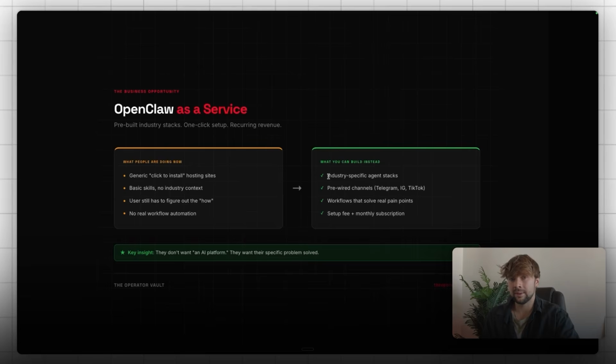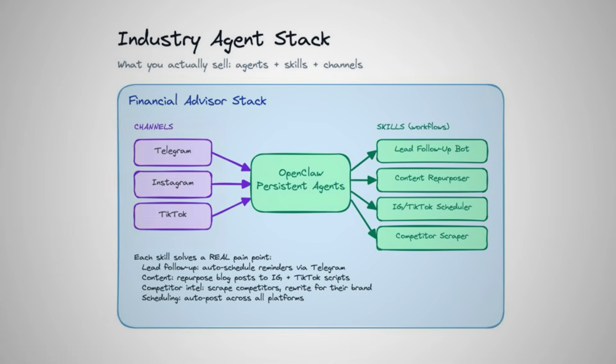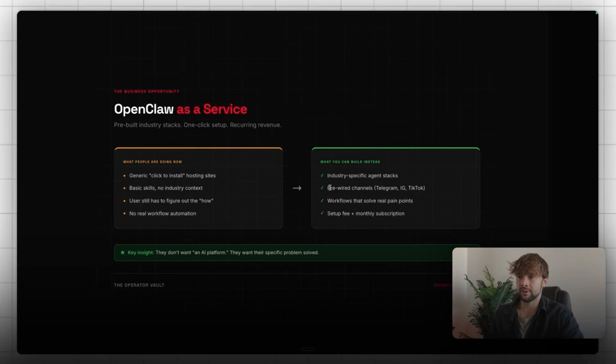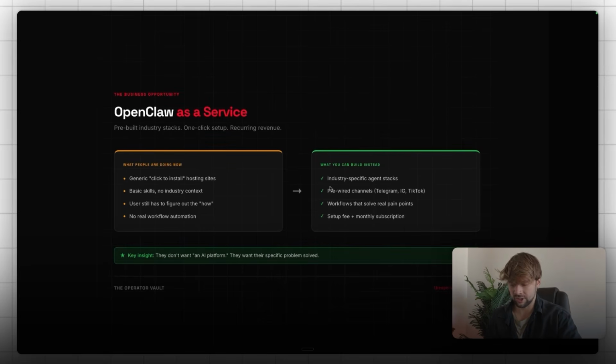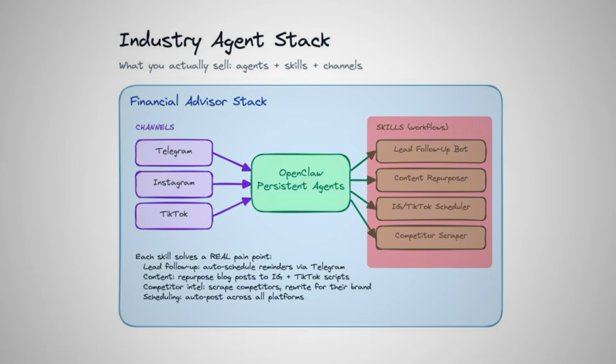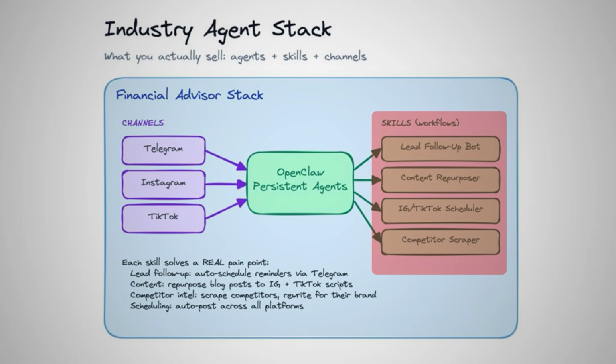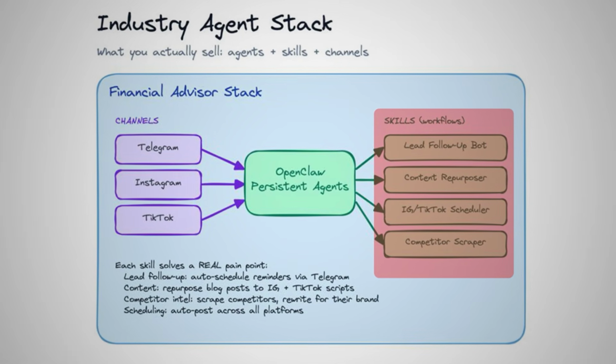The prerequisite for that is basically knowing how to speak English to your Claude Code and OpenClaw. And what you want to do is have pre-wired channels: Telegram, Instagram, TikTok. You want to pre-wire those if you want to do the IG automation stuff, for example. And then you want to have the workflows that solve real pain points, right? So you need to have the know-how of the industry that you're actually working in.